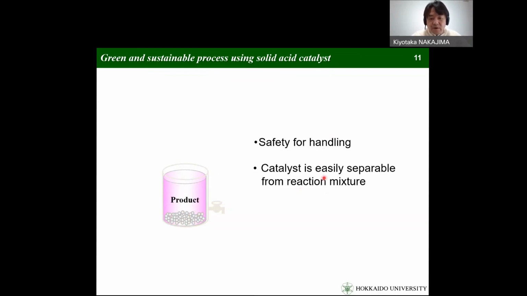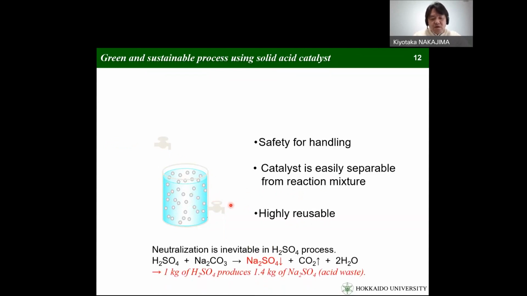And finally, we can remove this reaction mixture by simple filtration, and subsequent addition of the reaction mixture again to the remaining catalyst will start the next reaction. So if we guarantee high reusability, we can repeat the same reaction system without separation of the catalyst. So this is one example of the importance of the solid acid.